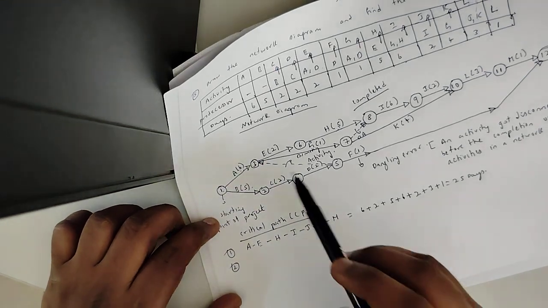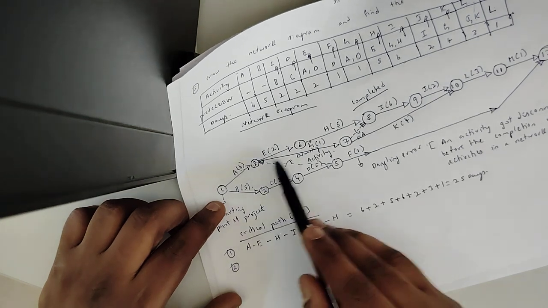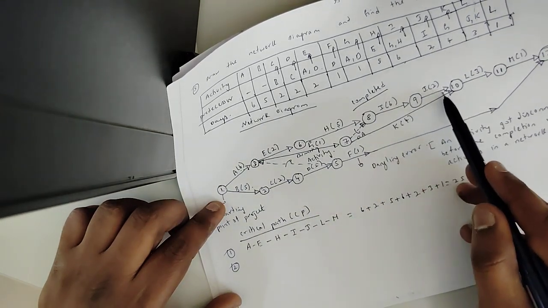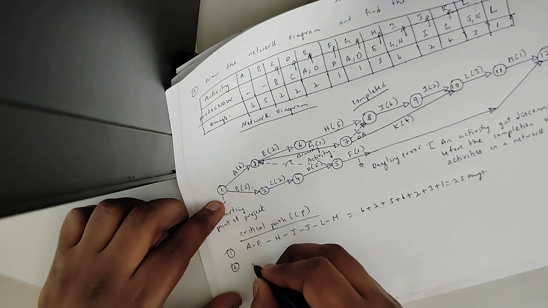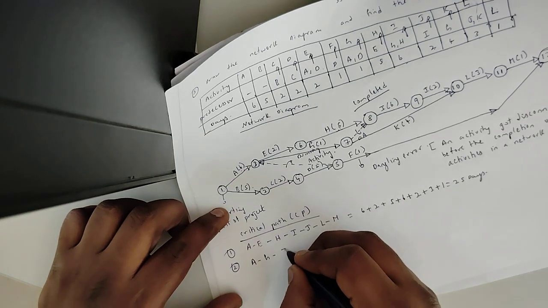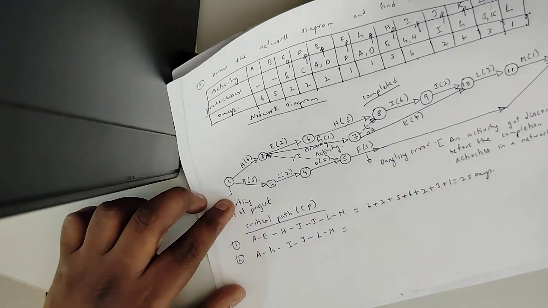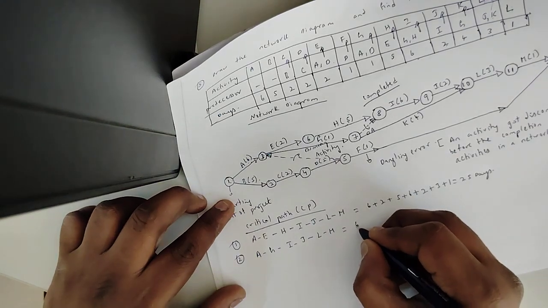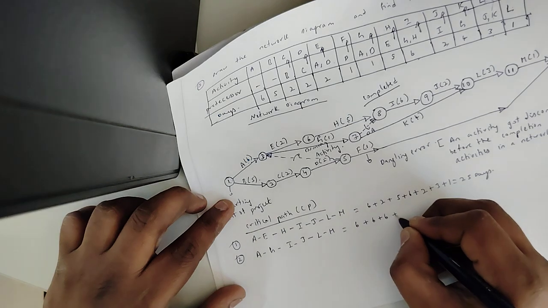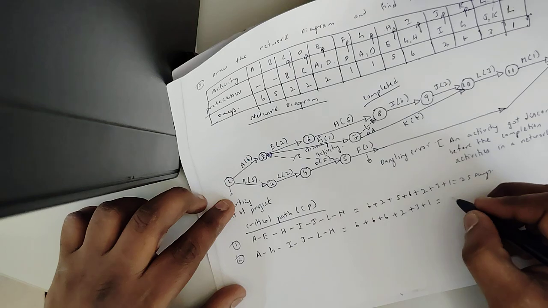Path 2, see A, see again A activity, then G, again I, J, L, M. Okay, I'm writing here A, then G, okay, then I, J, L, M. Okay, so if you calculate this, okay, you get as, I'll write here, students, 6 plus 6 plus 6 plus 2 plus 3 plus 1. So you get as 24.